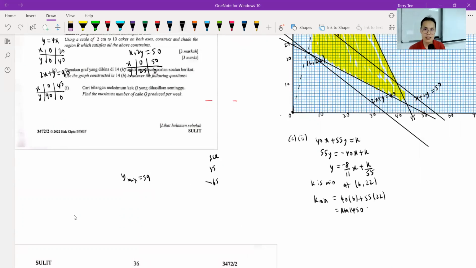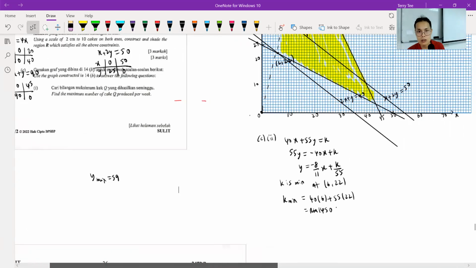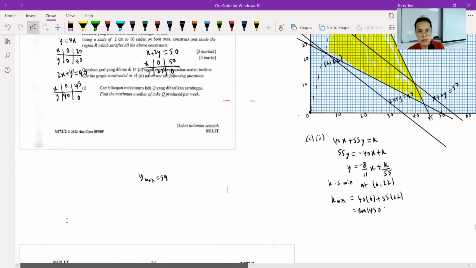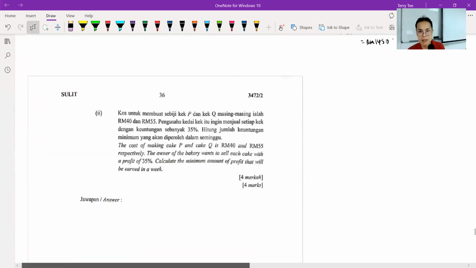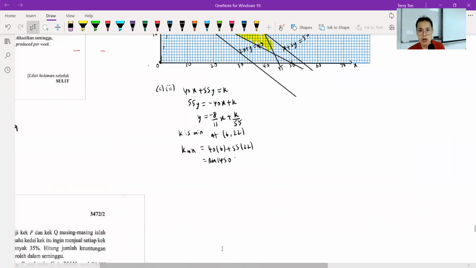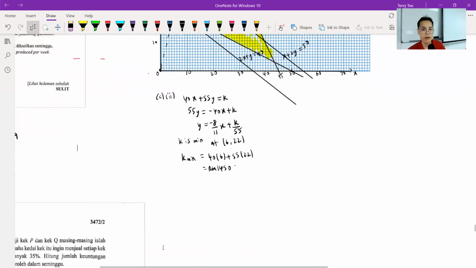But in this context, for this question, if you look at the marking scheme, what they are trying to say is a markup. The owner of the bakery wants to mark up 35%. So that means your cost is already 1450.